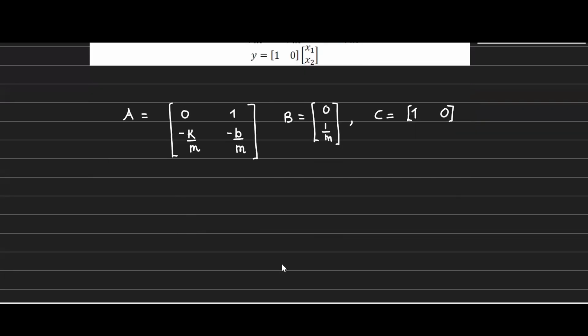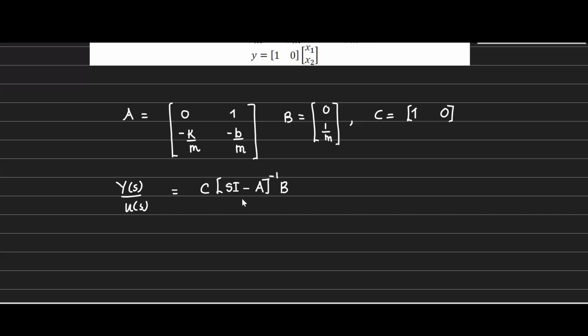The transfer function of the state space equations is given by, remember, the transfer function is simply the ratio of the output to the input. So output divided by input is equal to matrix C multiplied by the inverse of SI minus matrix A, where I is the identity matrix, and then multiplied by matrix B, when the initial conditions are 0.